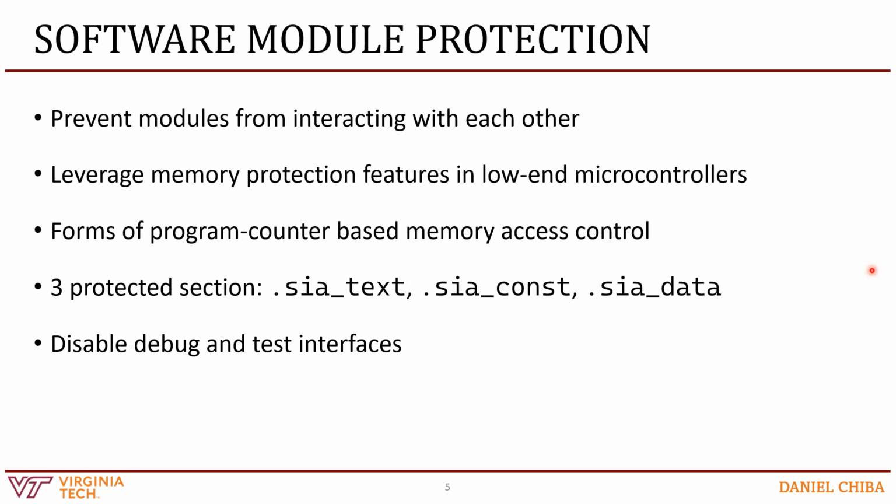Any program that you compile will have multiple sections. So there are three important sections that you want to protect in this case, and SIA renames them to SIA text, SIA const, and SIA data, which, as you would expect, correspond to the text of the actual code for your program, the constants that the program uses, and the data section.